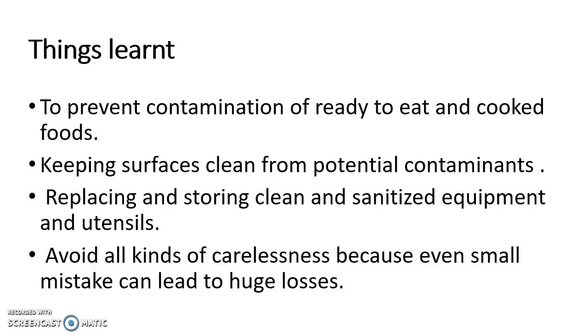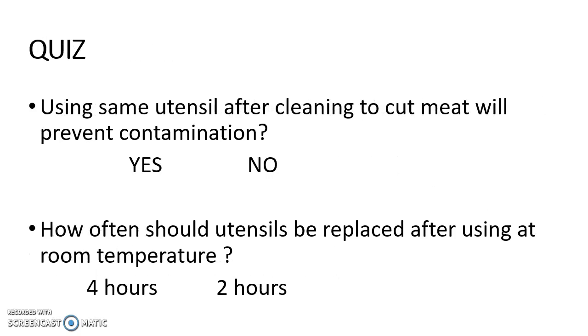The main message we take from this is to avoid all kinds of carelessness, because even a small mistake can lead to huge losses, which occurred to the US food industry. Just a small cross contamination, and the whole batch was wasted, which caused a huge loss to the company.